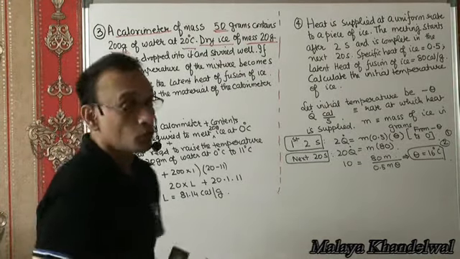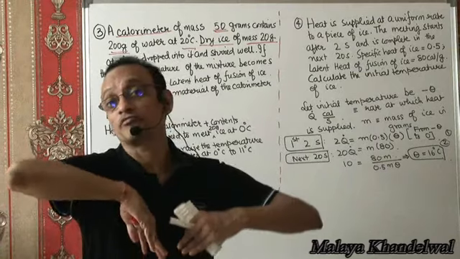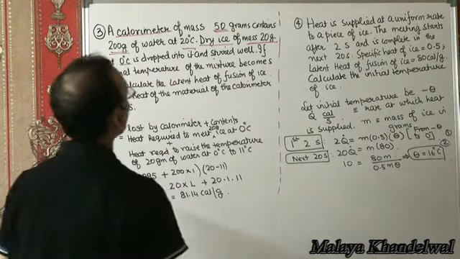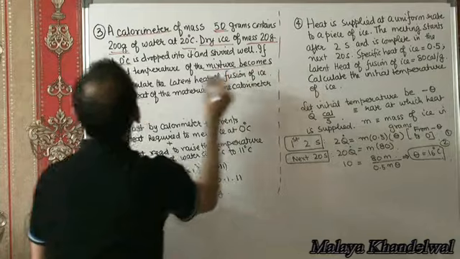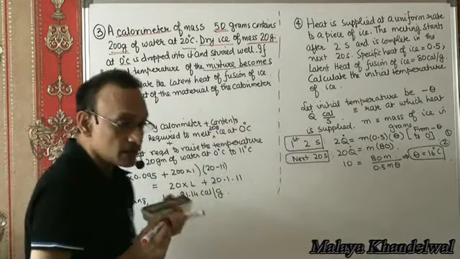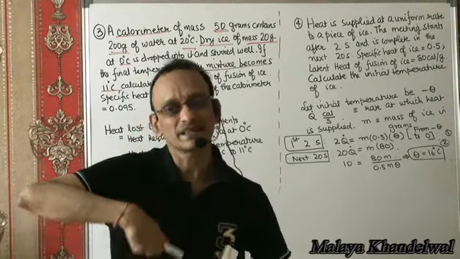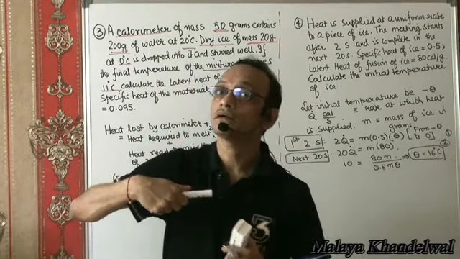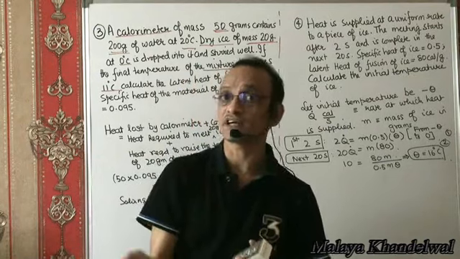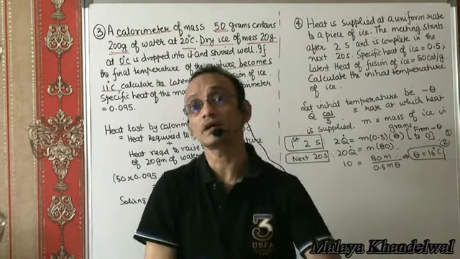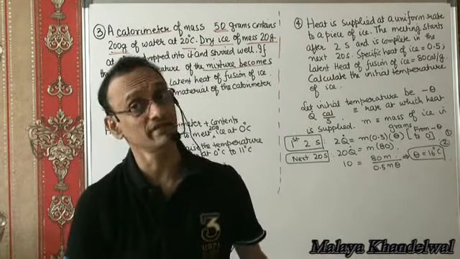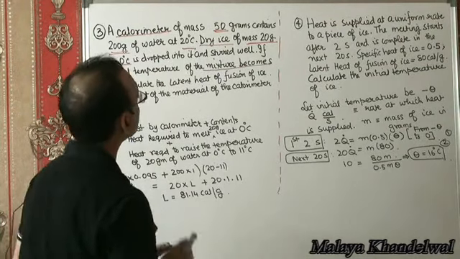Now, the final temperature of the mixture becomes 11 degrees centigrade. That means the calorimeter along with its contents, and the ice that is added to it, which was originally at 0 degrees centigrade, the whole thing now is at 11 degrees centigrade, right?